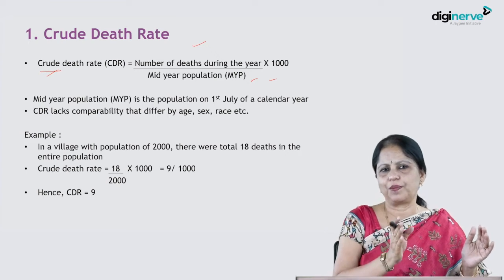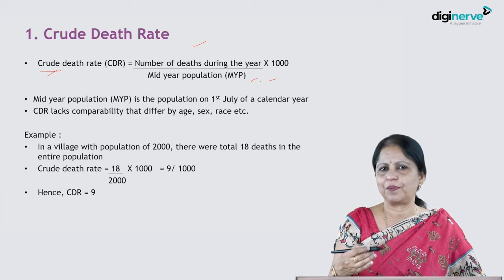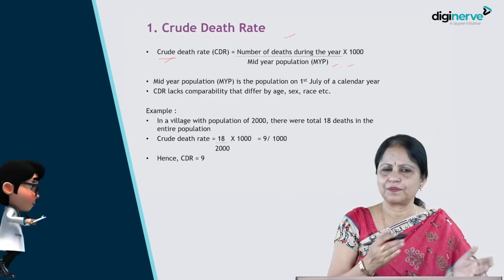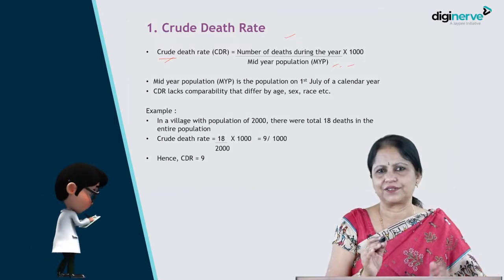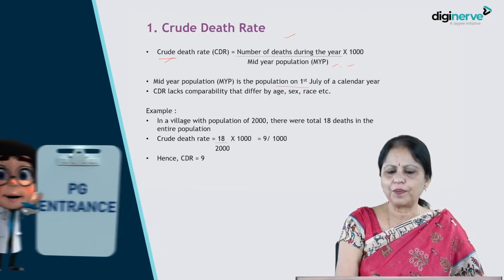So the mid-year population is taken as the denominator. For each year, the mid-year population is calculated from the census with addition and subtraction of births, deaths, etc., as I discussed in the previous session. The mid-year population date is taken as 1st July of a calendar year.